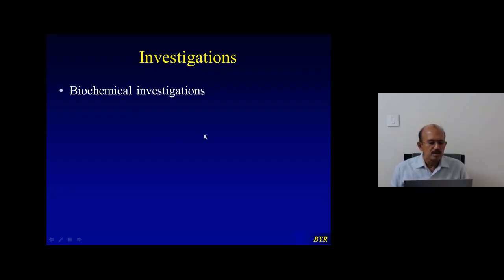Serum bilirubin, very good, alkaline phosphatase. Conjugated, unconjugated bilirubin. What about SGOT, SGPT? Yes, you do them also. Then you assess the liver function status. How do you assess liver function status?